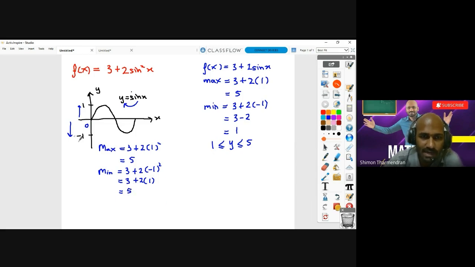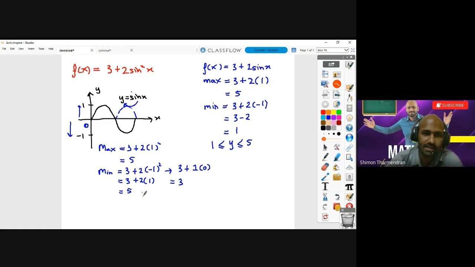But what is the other critical part you've got to see? 0. The next part you've got to see for the minimum is when sine is also 0. When you replace the whole sine with 0, you get 3. So when it's a sine squared graph, the negative and the positive will be the same, because when you square, the graph is all above 0.